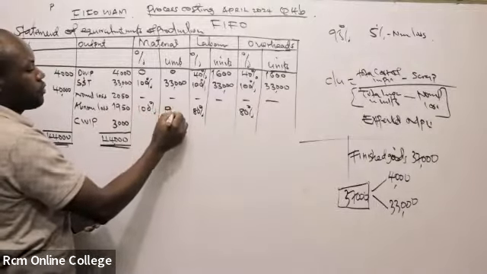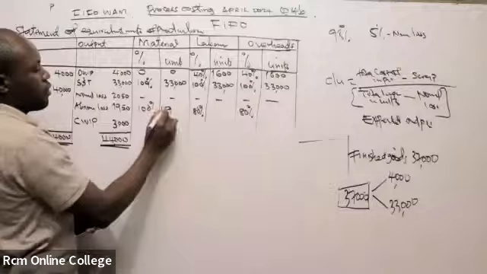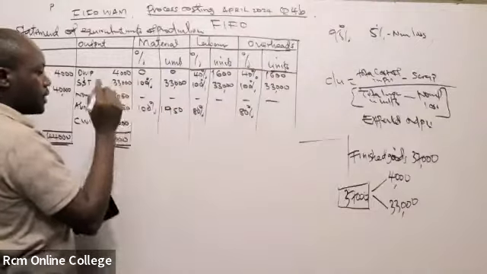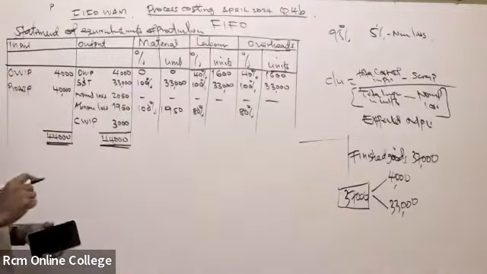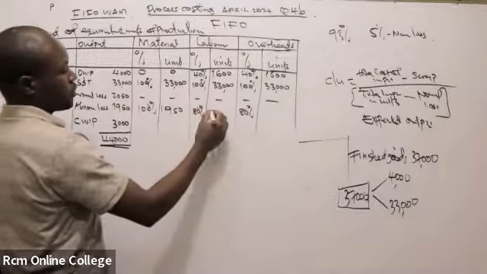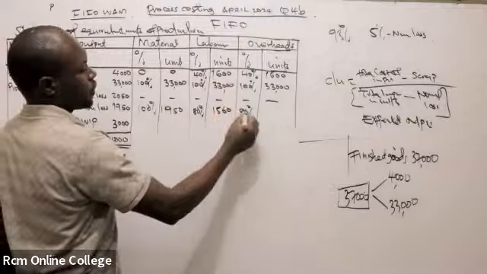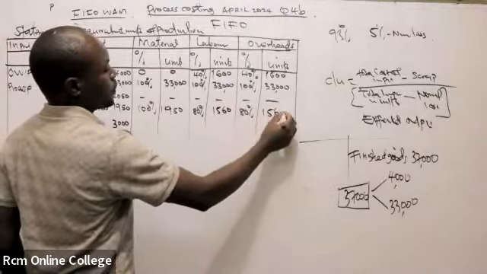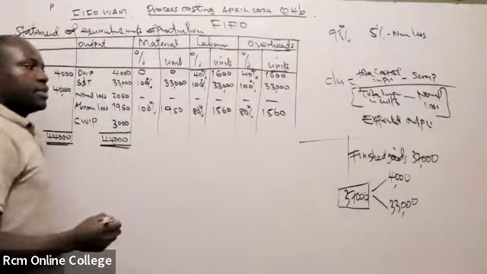That is 1950. What is 80% of 1950? 1,560.